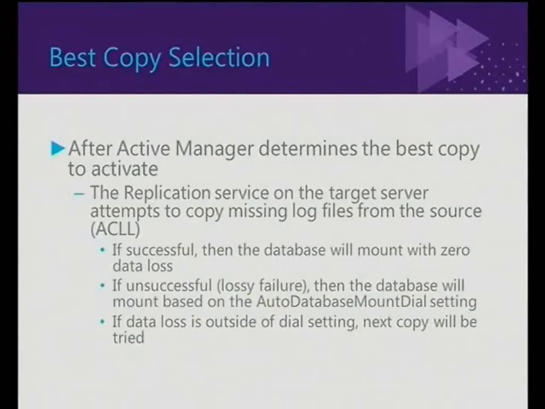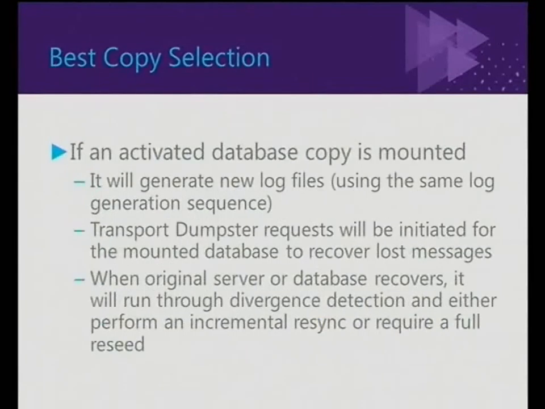But assuming ACL is successful, you could actually have the database copy mount with 0 data loss. And in fact, every database and server switchover that you're going to be doing should be mountable with 0 data loss. They should all be lossless because it's an orderly switchover process during which we copy any missing log files. It's only the failover scenarios that could result in data loss here.